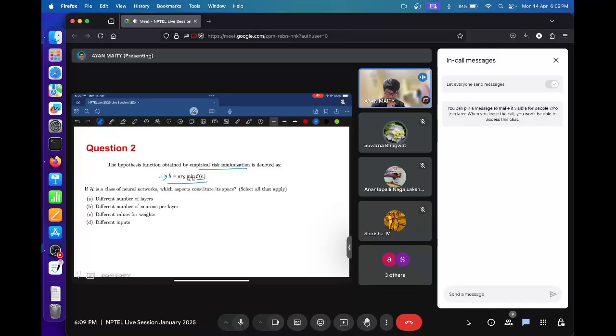So if this capital H is a class of neural networks in this expression, which aspects constitute its space? So H is the hypothesis class, and if the hypothesis class is the class of all neural networks, then which aspects constitute its space? Option A is different number of layers, option B different number of neurons per layer, option C different values for weights, option D different inputs.